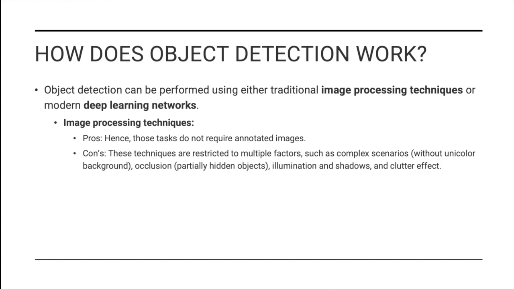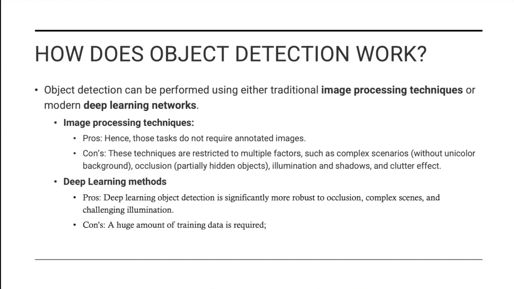But on the other hand, the technique is limited by multiple factors, such as complex scenarios, occlusions, illumination, and shadows. These are the difficulties that led scientists toward machine learning, and especially deep learning, for object detection.